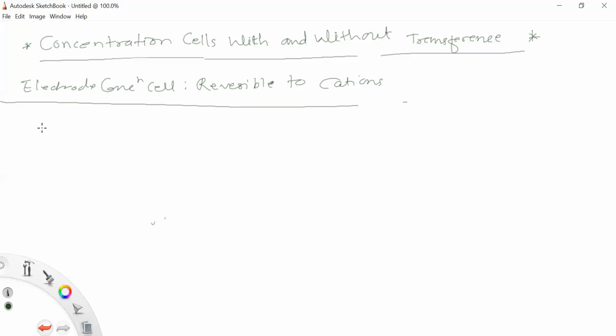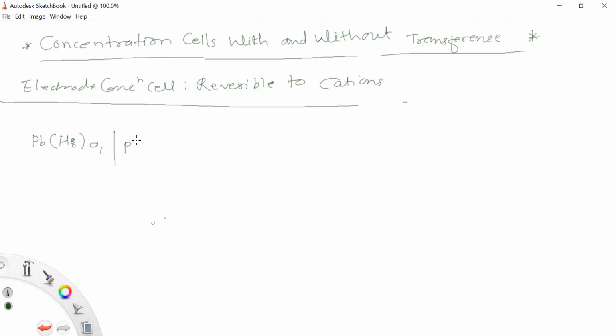The example of the electrode concentration cell reversible to cations is platinum, and the Pb, lead, is amalgamated, that is Pb-Hg. So this is the amalgamated electrode, having some activity A1.